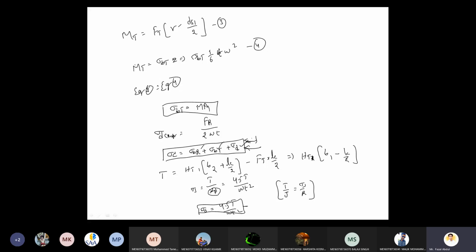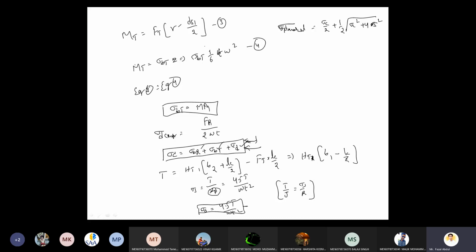So finally, what I am taking here is the maximum normal stress theory: sigma equals sigma c by 2 plus 1 by 2 square root of (sigma c square plus 4 shear stress square).